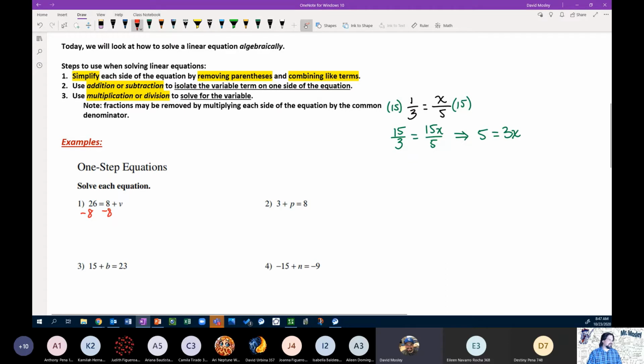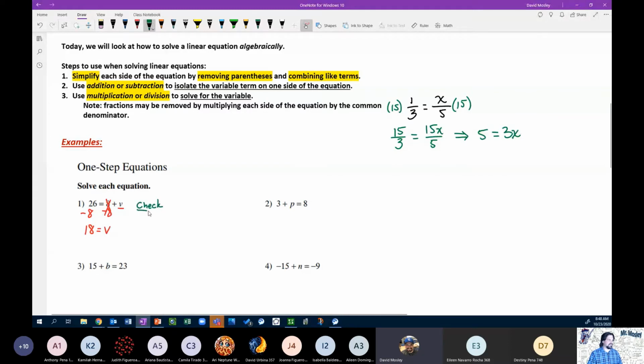Okay? So the 8 minus 8, my 8's go away. I'm left with only v on this side. 26 minus 8 is 18. We get 18 equals v. Then we got to check it. This is just a habit to have.